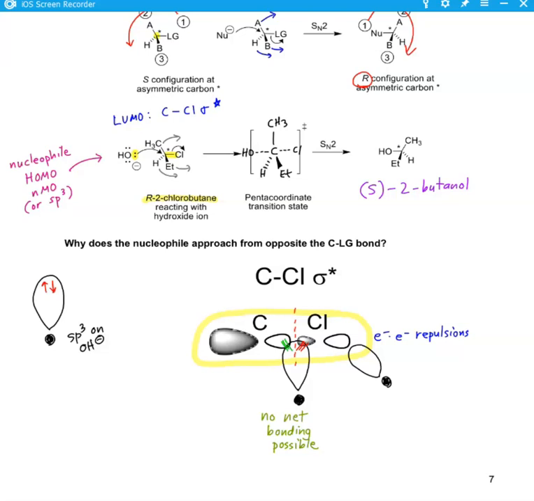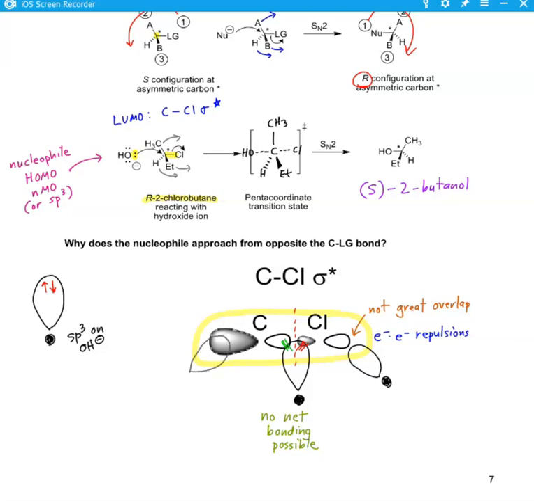Another thing is that the extent of overlap is not as great as it could be, because what we're looking at is one of the smaller lobes of the carbon-chlorine sigma star orbital. So the sp3 orbital is going to find a better place to overlap, and that's going to be on the other side.